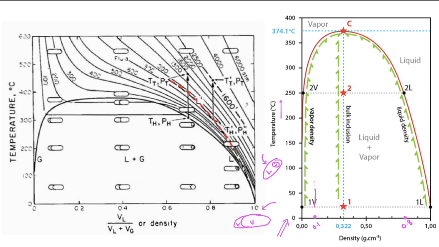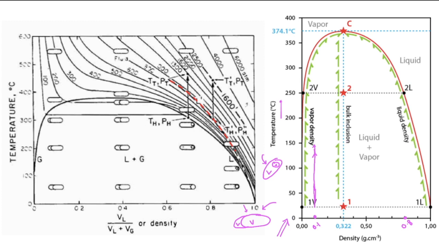Now as you start to heat or cool this, the amount of vapor and liquid might change, because as I'm increasing the temperature, the density will never change. It will always be a vertical line because the density of the inclusion is fixed. But the amount of vapor and liquid will increase and decrease because you are changing temperature. To keep the density the same, the amount of vapor and liquid in this inclusion might change.